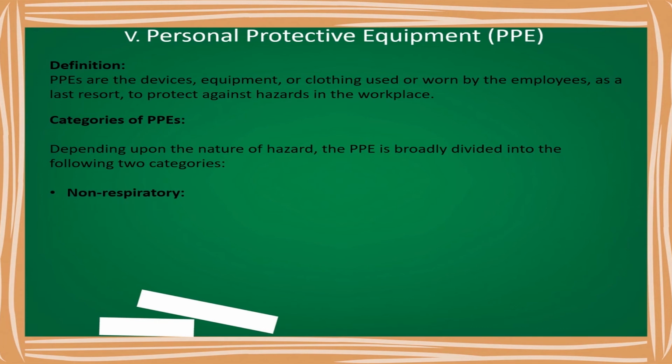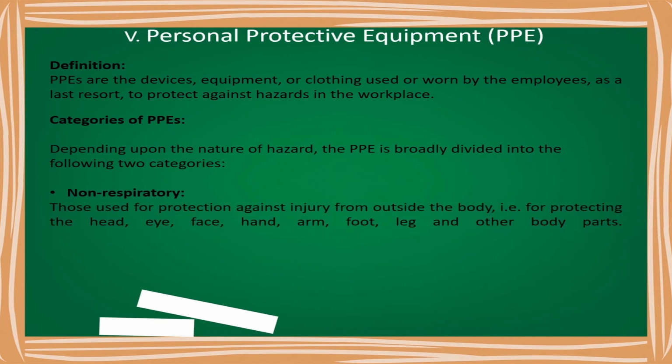Non-respiratory: those used for protection against injury from the outside body, that is, for protecting the head, eye, face, hand, arm, foot, leg, and other body parts. Respiratory: those used for protection from harm due to inhalation of contaminated air.